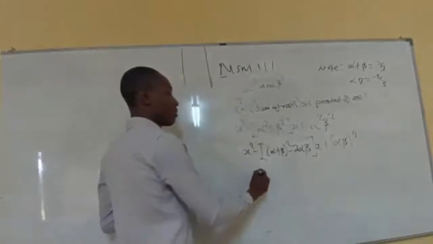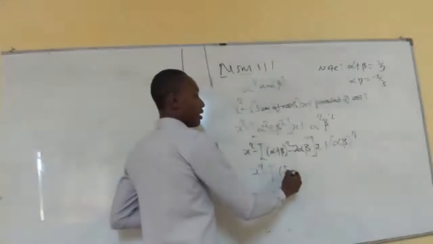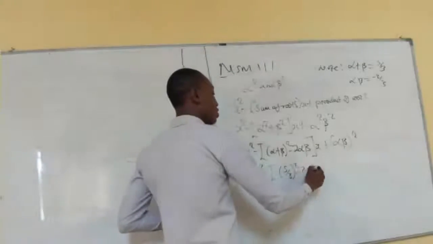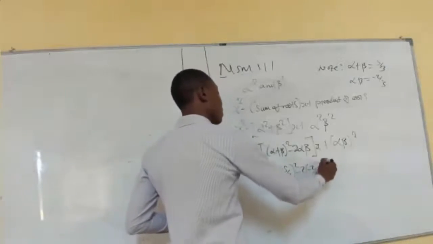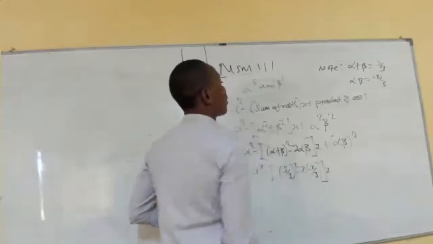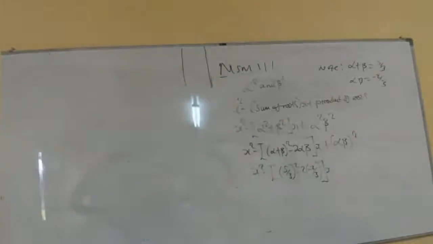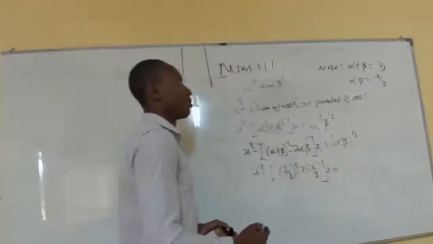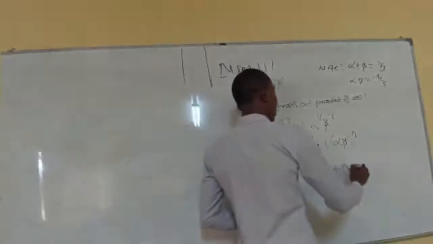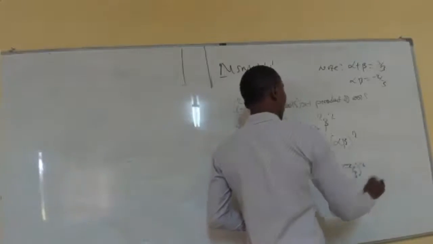But we know what the sum of the roots is. So the sum of the roots we found as 5 over 3 squared minus 2. Product of the roots is negative 2 over 3, from the quadratic equation which we were given. Then we have plus product of the roots, negative 2 over 3 squared.